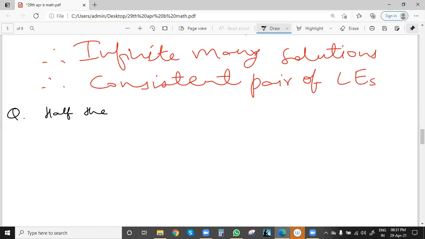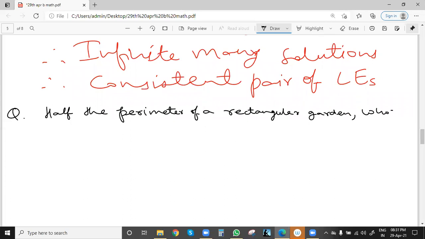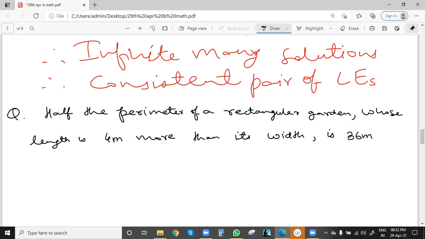Half the perimeter of a rectangular garden whose length is 4 meters more than its width is 36 meters.